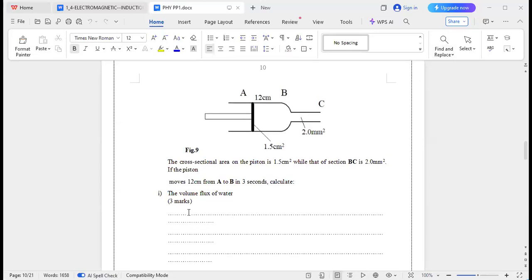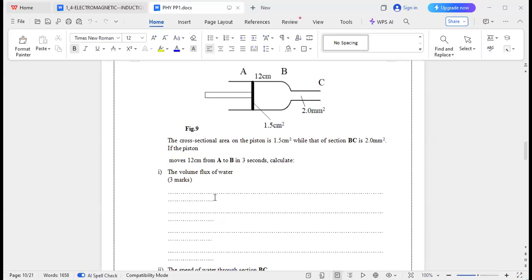Okay, we start with the formula. Volume flux equals AV, or area times velocity. Our A is this area here, 1.5.